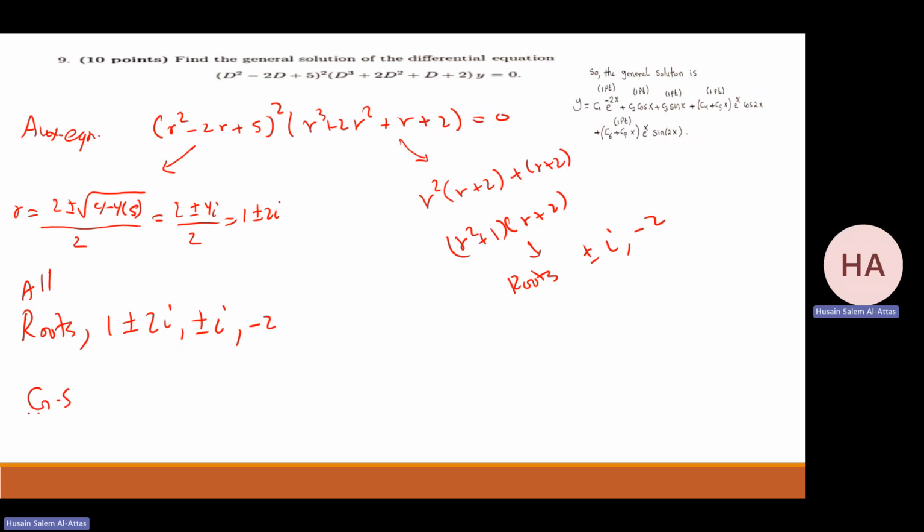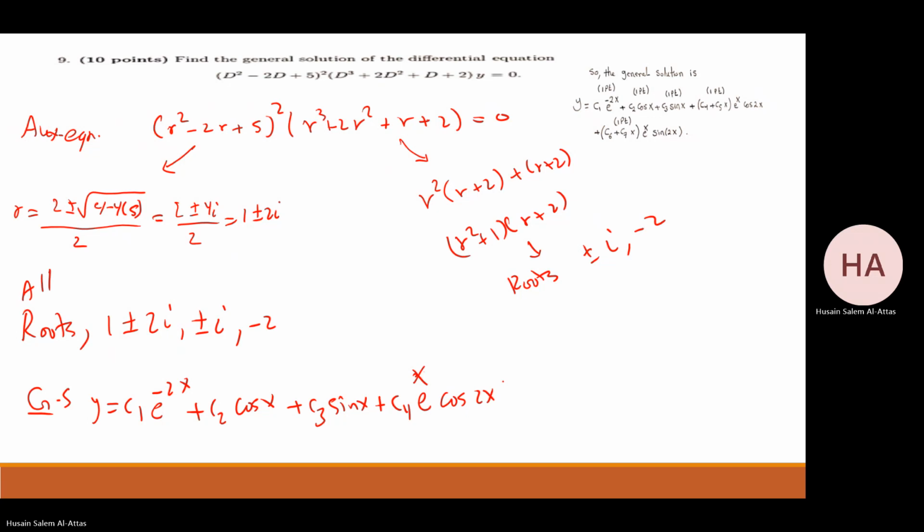So the general solution: C1 e to the minus 2x plus C2 cosine x plus C3 sine x plus C4 e to the x cosine 2x. Oh, don't forget, these are repeated. So I have the 4 roots.